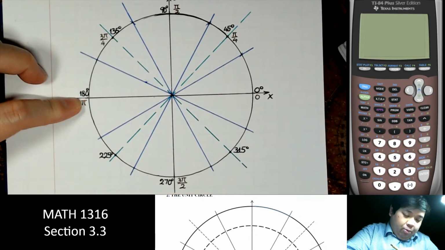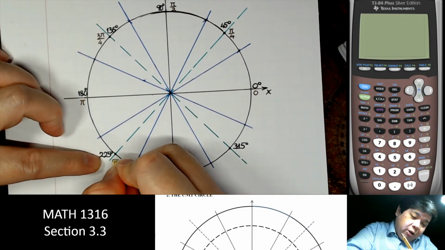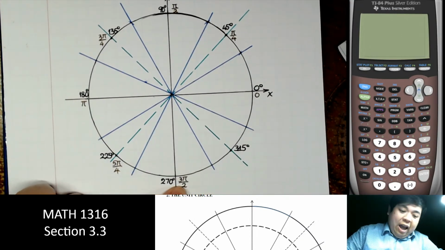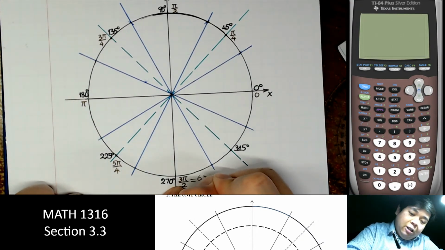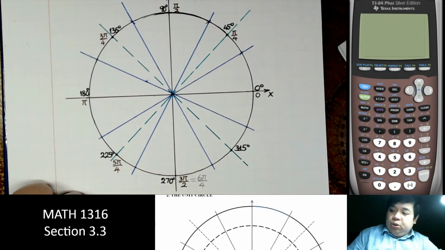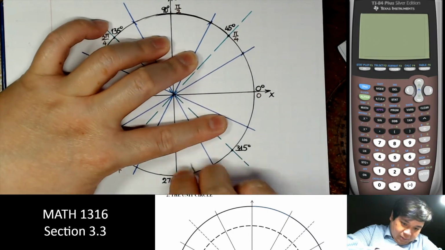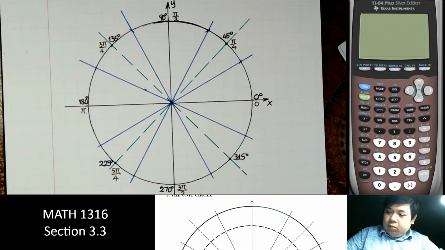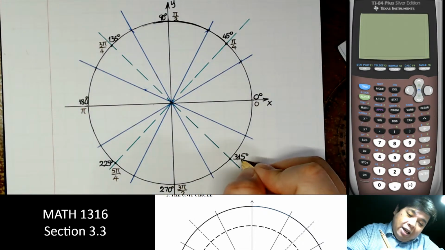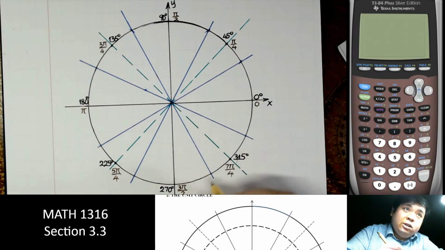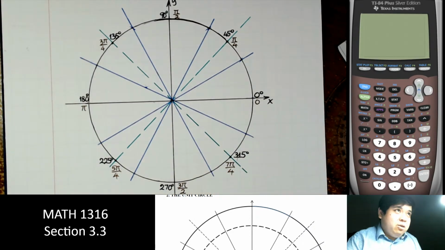This is 5 pi over 4. I can write this as 6 pi over 4, but that reduces to 3 pi over 2. And then 7 pi over 4. So we have those values.